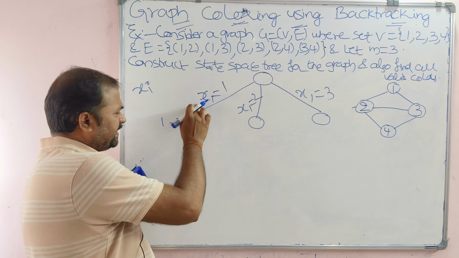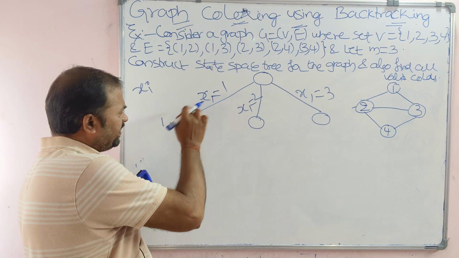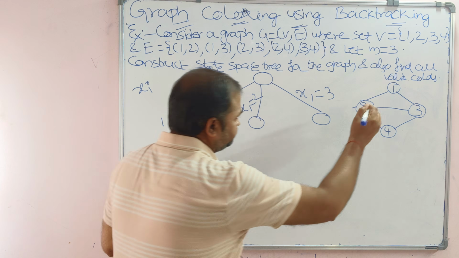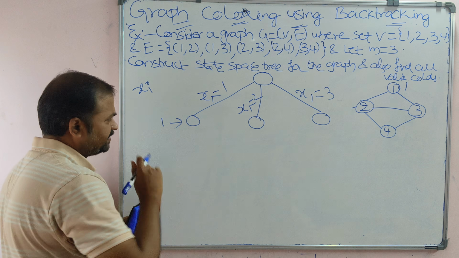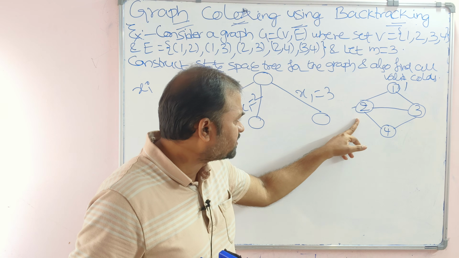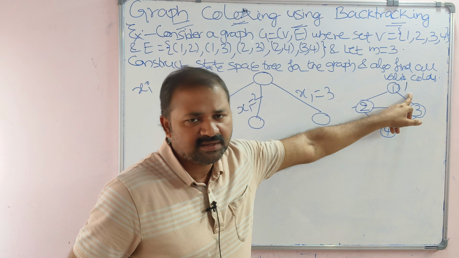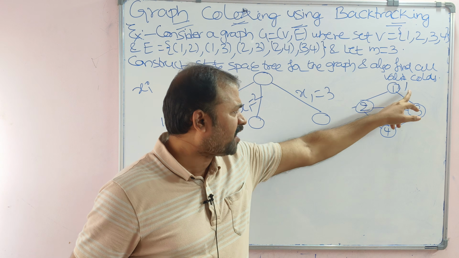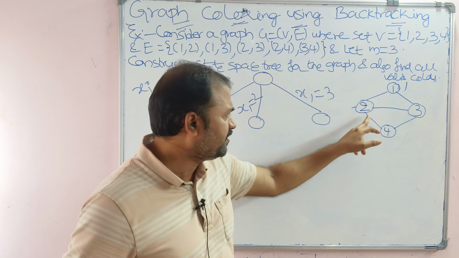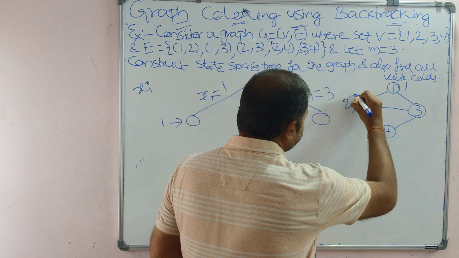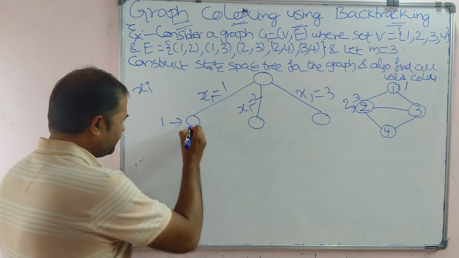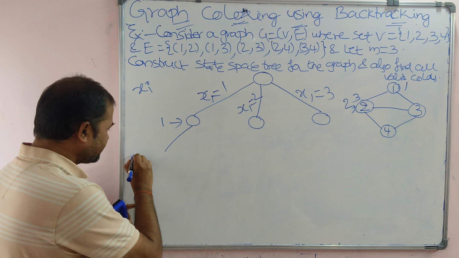So what is this path? Let us assume the first vertex is colored with color 1. Then the second vertex may be colored with either 2 or 3, but we can't use color 1, because these two are adjacent vertices. So we can use either the second color or the third color.